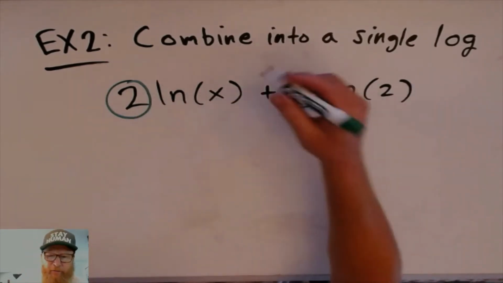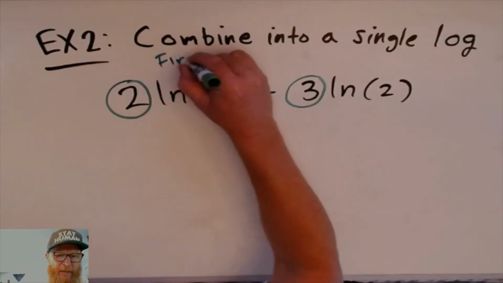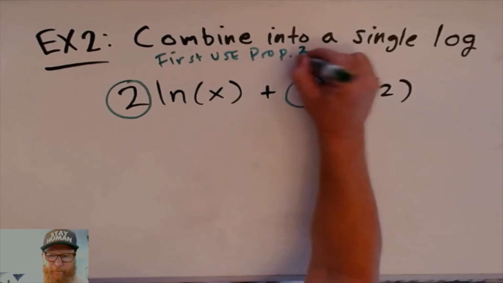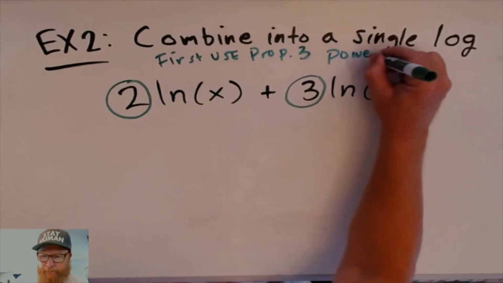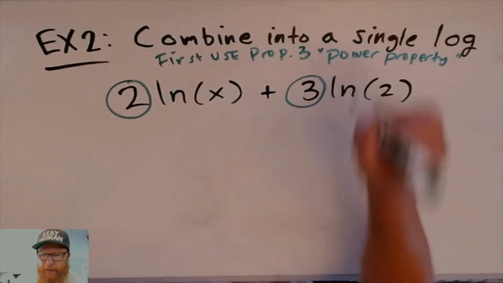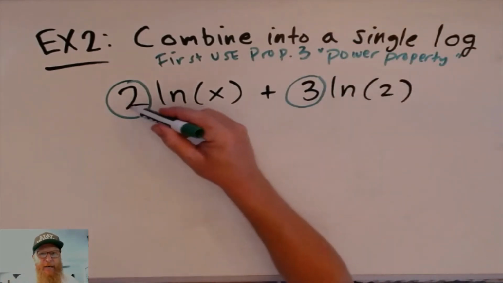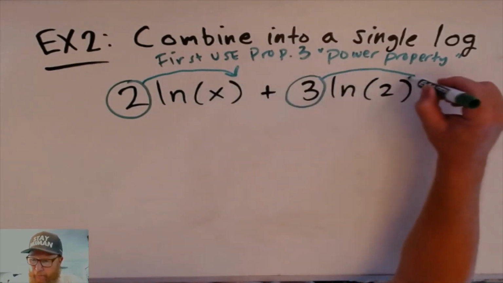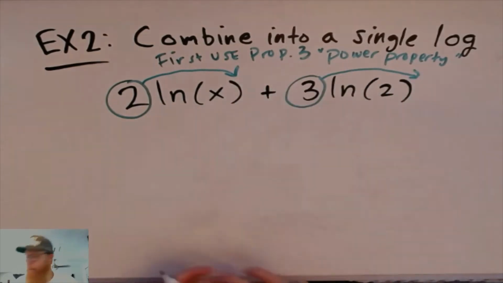But you must first use property 3, the power property. And the power property essentially says that a coefficient becomes an exponent. It's a property of logarithms.